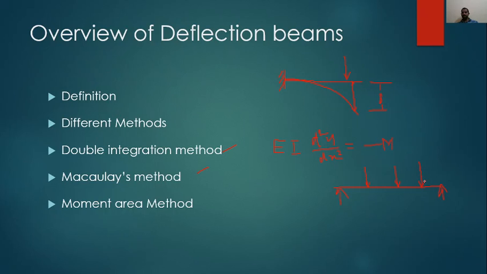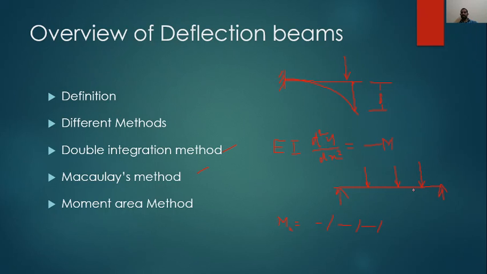In the double integration method, you substitute the M equation for this span, or this span, individually, whereas in Macaulay's method we can write a moment equation in continuous form, M x, the moment at any section x, in terms of some factors separated by a bar, and boundary conditions or distances are applied to this separation.